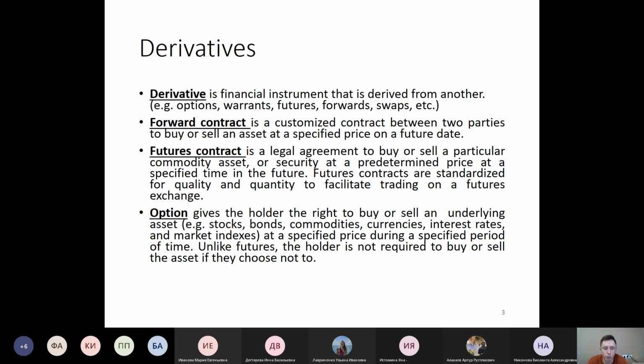Then you can sign a forward contract, for example now in winter or spring, that in September you will sell 10,000 kilograms of wheat at a price of 20 rubles per kilo, let's say. And then you can be sure that you will sell it at this price.